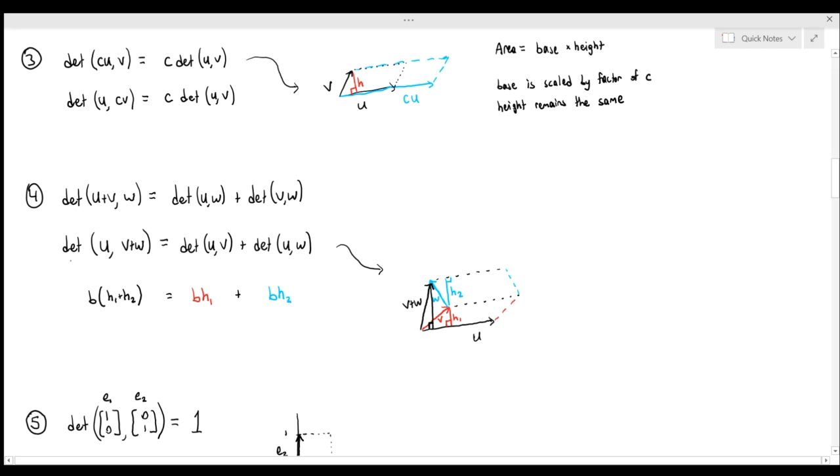So the determinant of u and v plus w, the area of the parallelogram formed by u and v plus w, is the base u times the height, which happens to be h1 plus h2. So that's why this property holds from a geometric point of view.